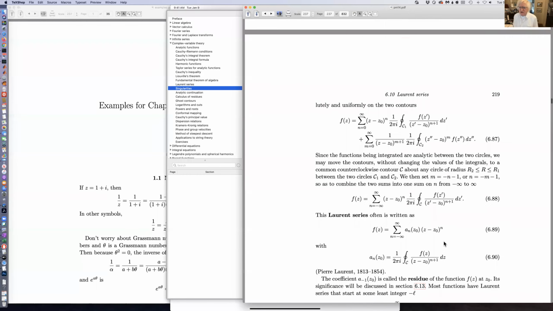Because what will happen is the worst singularity will cancel, all the other ones will be positive powers of z minus z0, and consequently, the one that you'll get is this one here. The other ones all go to 0.